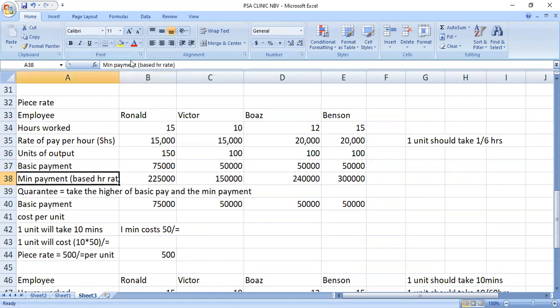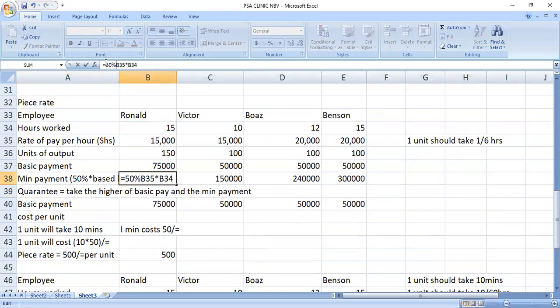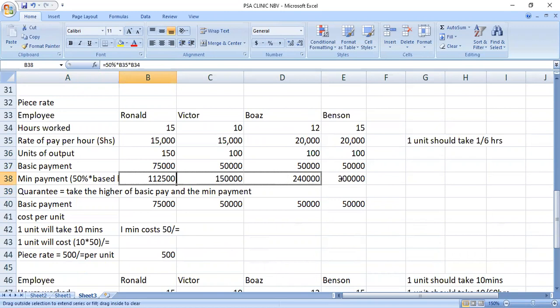Let me give the percentage, let's say 50% of basic pay. It still looks big, but we shall go with that one. Assuming it was like that, 50%, this is what would happen.